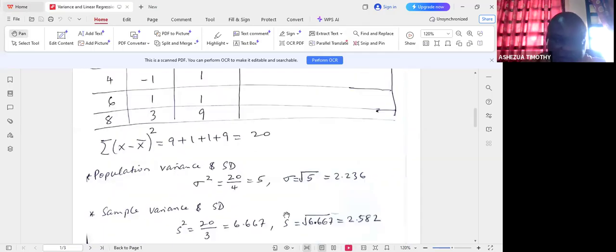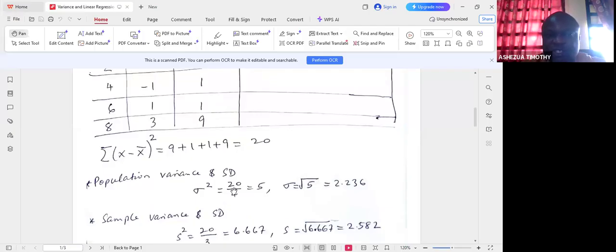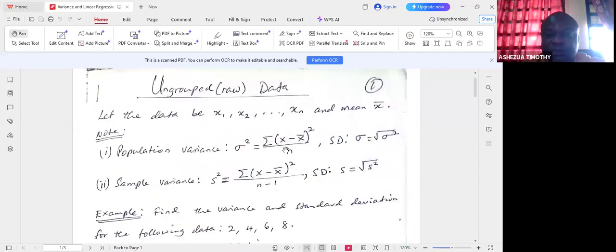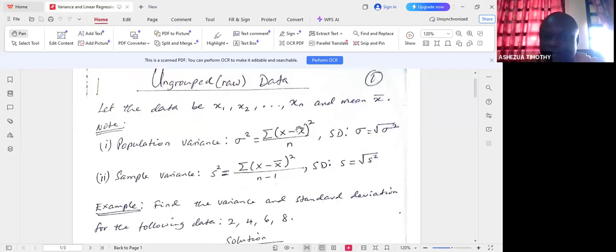Next, we deploy the formula for population variance, which is 20 over 4. Why is it 20 over 4? Because you are not subtracting by 1. I'm not saying n minus 1, so it's population variance, and we just use the 4 directly. This is the formula I'm using.